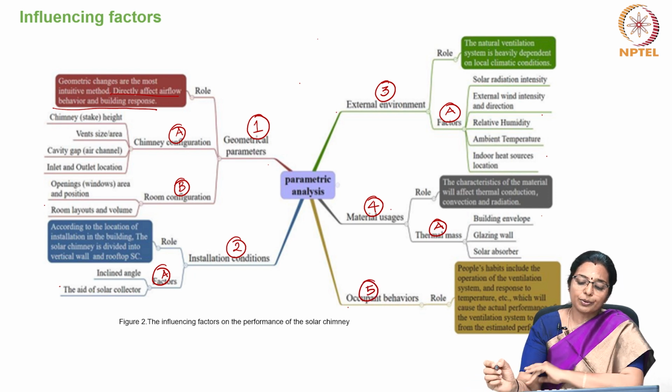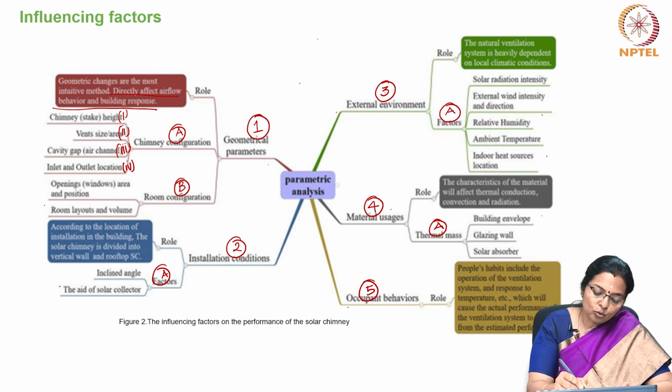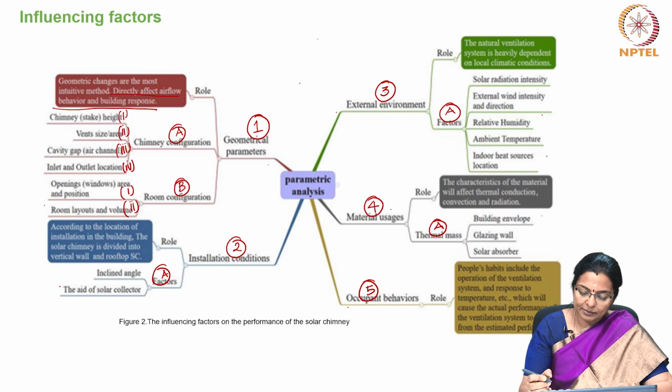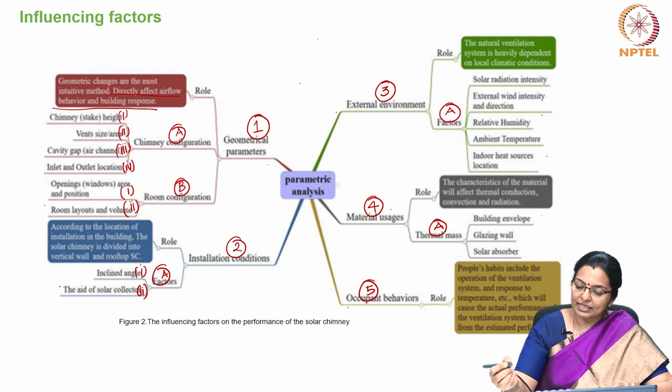So, chimney configuration comprises of these 5 aspects, and the room configuration comprises of these 2 aspects, while the installation conditions comprise of these 2 aspects.